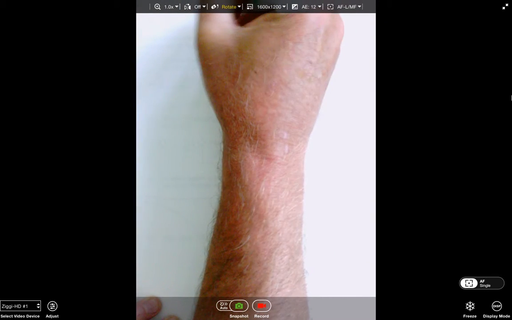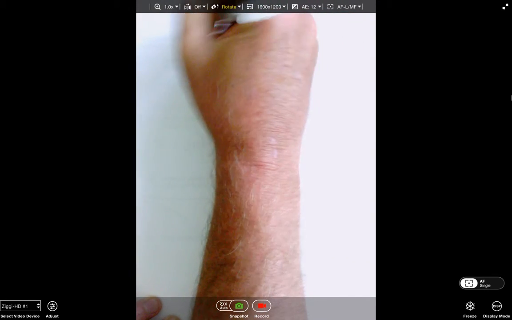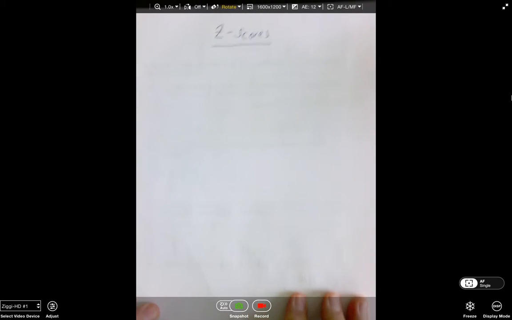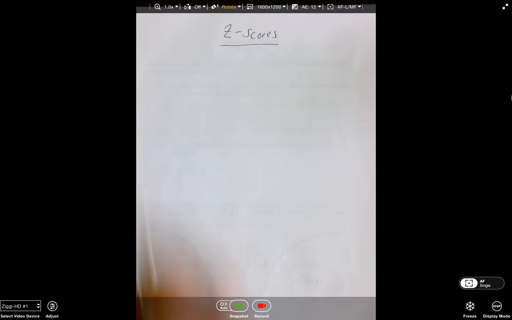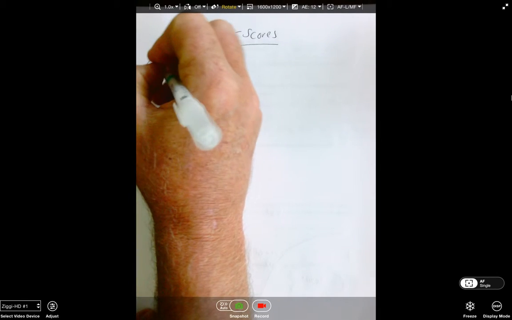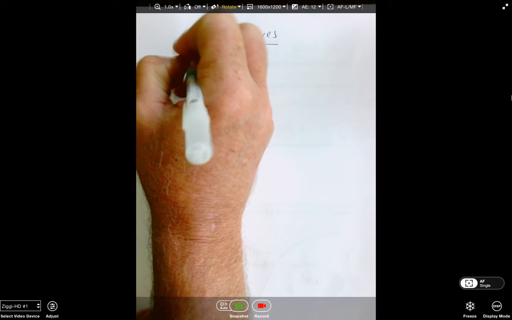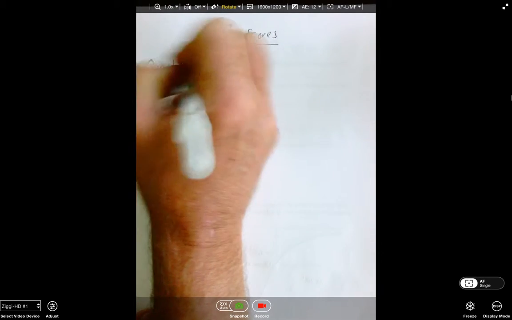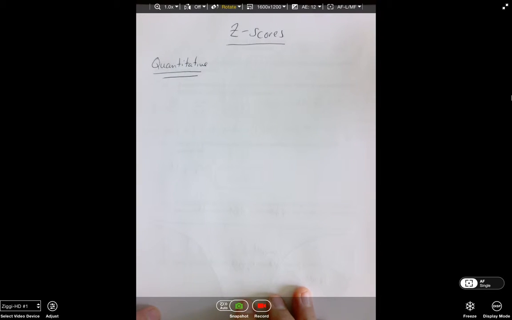As if your life wasn't tough enough before, this is going to be your see all, do all, know all about z-scores. From here on out, you're going to have 3 types of z-scores that you're going to have to be responsible for. The first 2 deal with quantitative data.